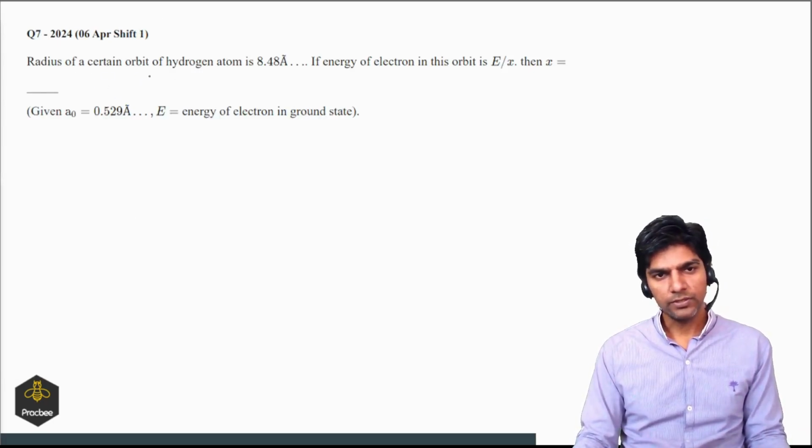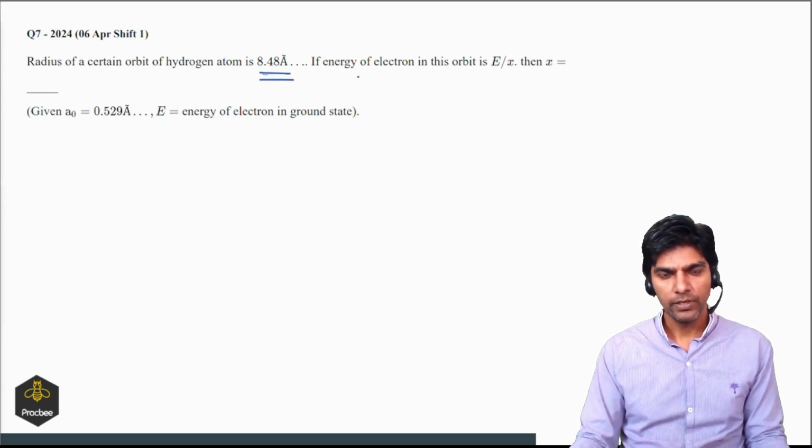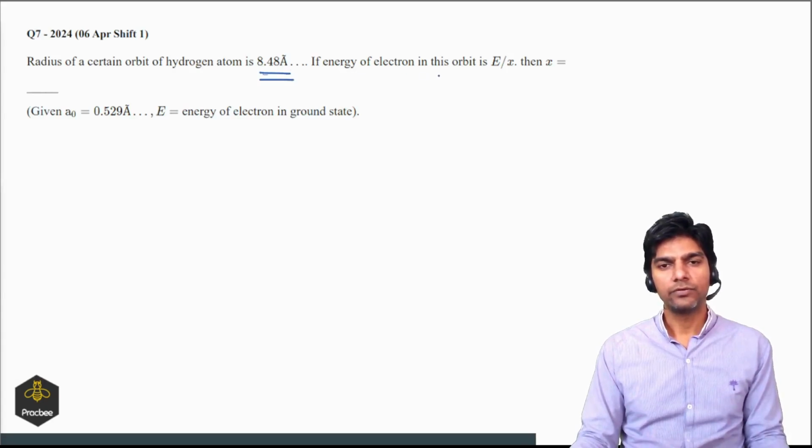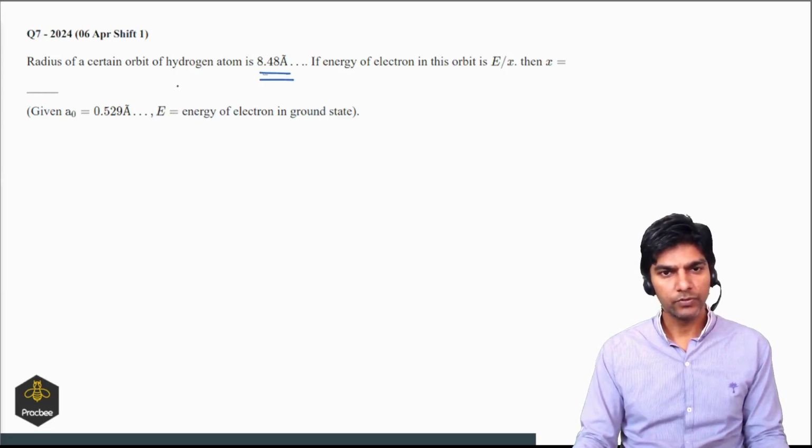The radius of a certain orbit of a hydrogen atom is 8.48 angstrom. If the energy of the electron in this orbit is E by x, then what is the value of x? We have to find the energy, and we are given the radius.